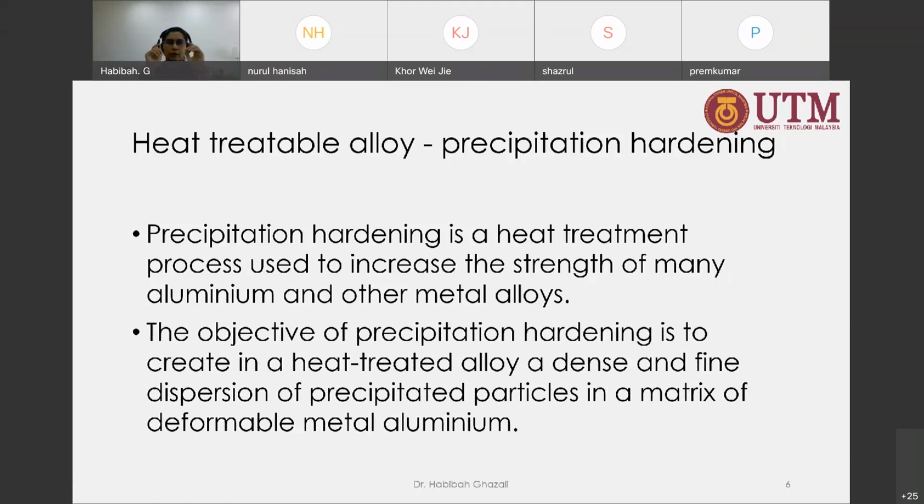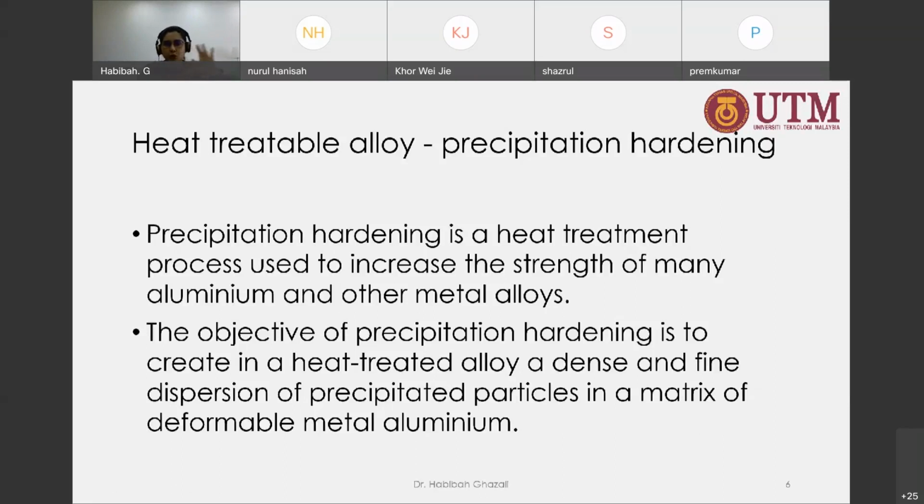As you have learned in module 4, strengthening mechanisms of materials, if we have small precipitates distributed evenly in the microstructure of an alloy, those precipitates will be the location where the dislocation motion will be impeded or obstructed.